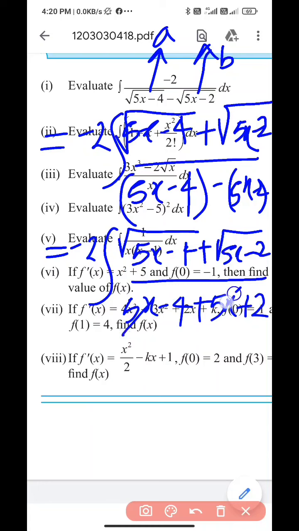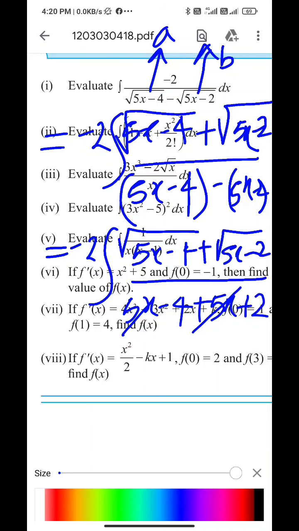Plus 5x minus 5x are going to get cancelled, and you can see -4 and 2, -4 plus 2 is -2, and this 2 is going to get cancelled by this one.